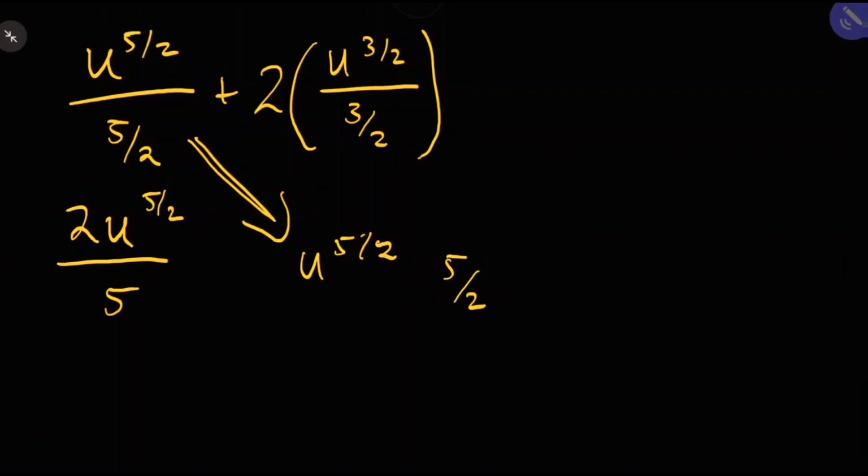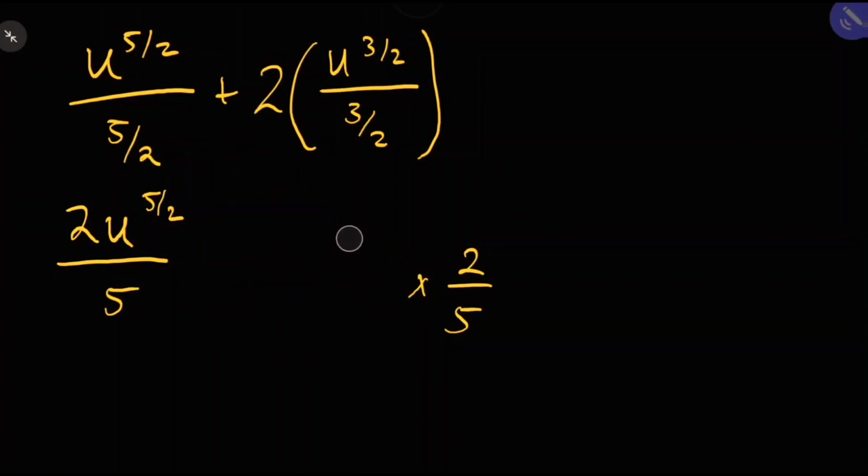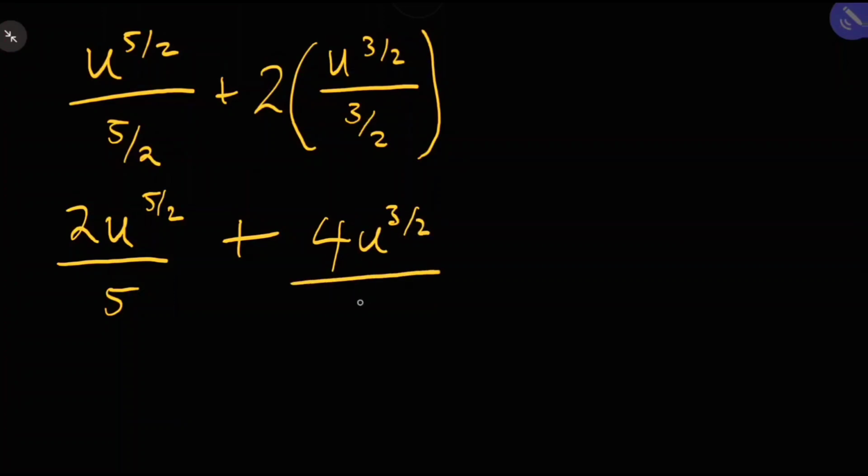This is just like saying times 2 over 5, which would give us 2 times u raised to the power 5 over 2 all over 5. Then plus, using the same method, 4u to the 3 over 2 all over 3, and everything would go from 6 to 2.